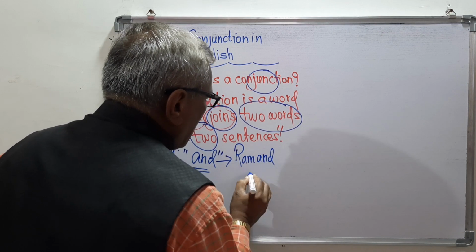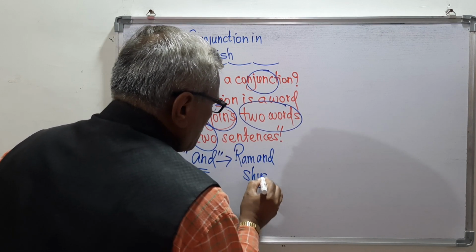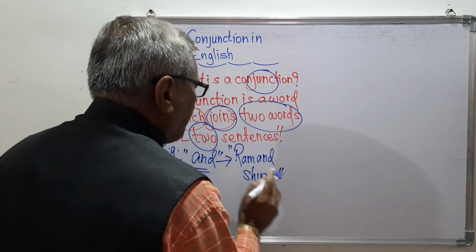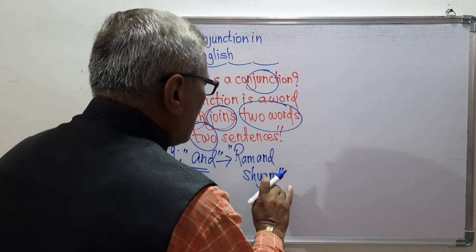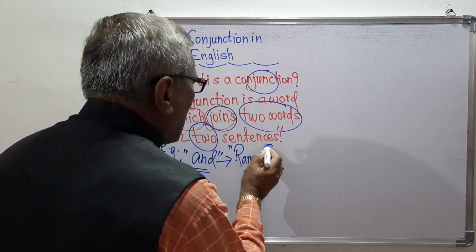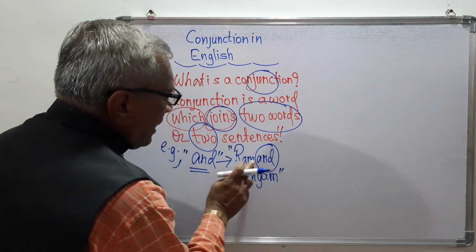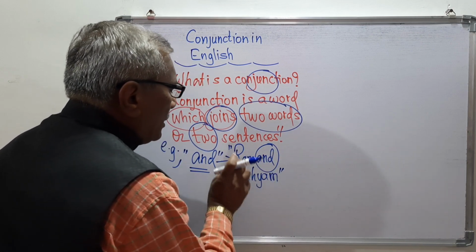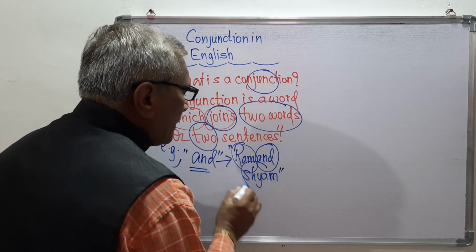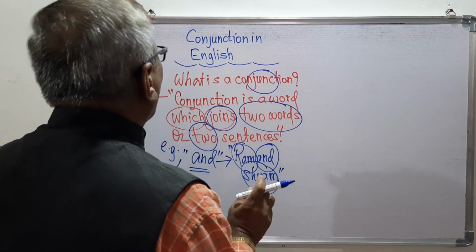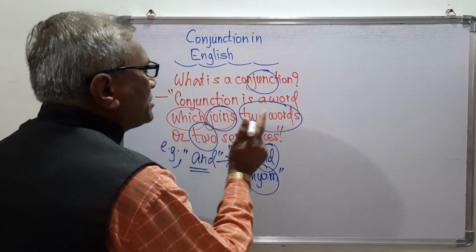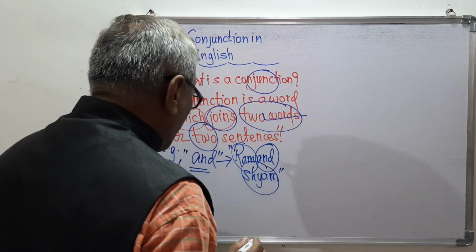Here these two words have been joined by this 'and'. The first is Ram and the second is Sham. So remember, the conjunction is a word which joins two words.